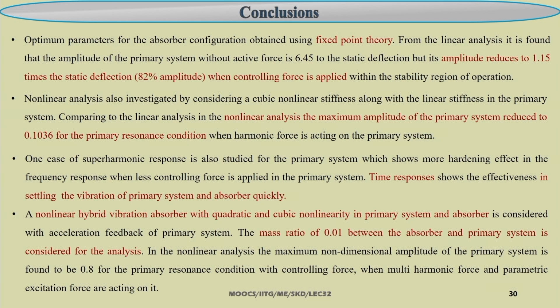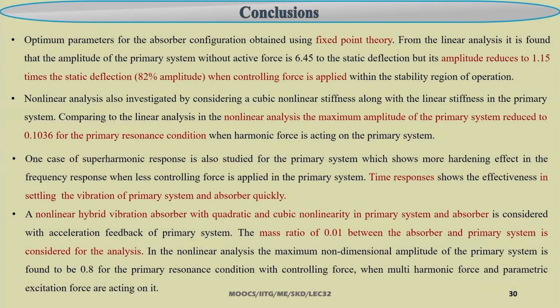A nonlinear hybrid vibration observer with quadratic and cubic nonlinearity in the primary system is also studied, and here a mass ratio of 0.01 between the observer and the primary system is considered for the analysis.